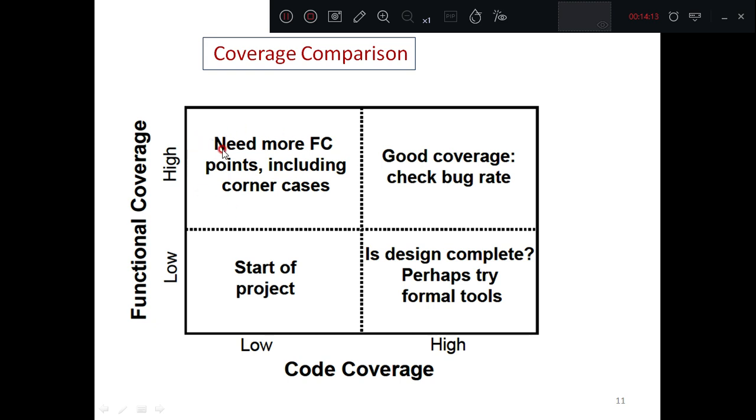Here we need more functional coverage points including corner cases, and in this block we have to check whether the design is complete, perhaps try formal tools. But here we get good coverage where both functional coverage and code coverage are high, and we need to check the bug rate. So this is the introduction to functional coverage. That's all.